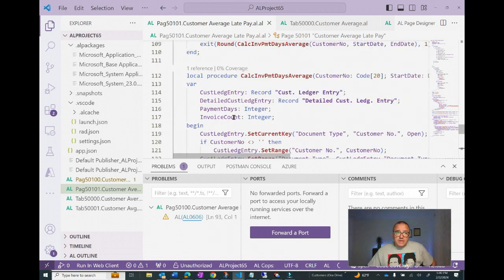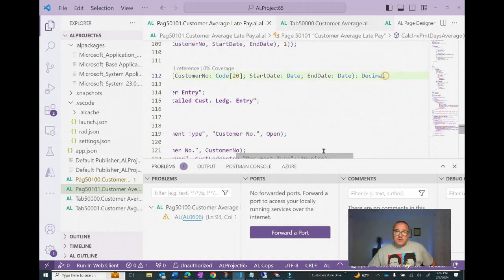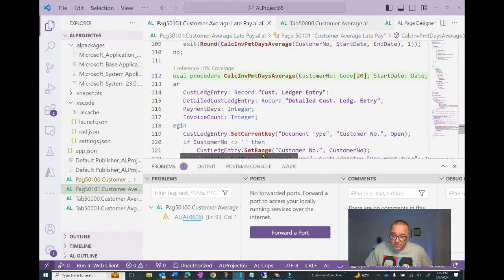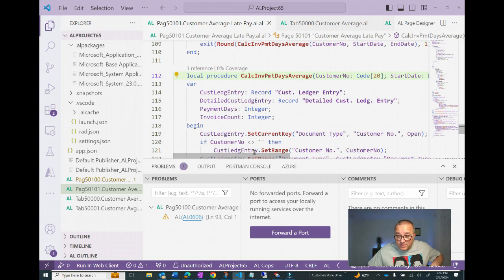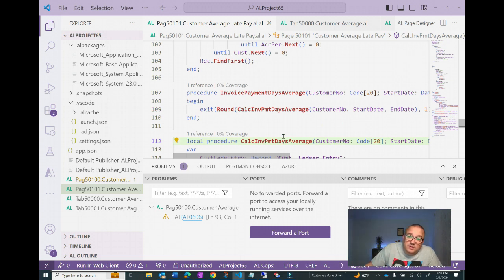And it's reporting it as a decimal. Because we discussed a little bit earlier, I didn't know if it's going to be reported as a decimal or as an integer, but it looks like it's going to be a decimal.